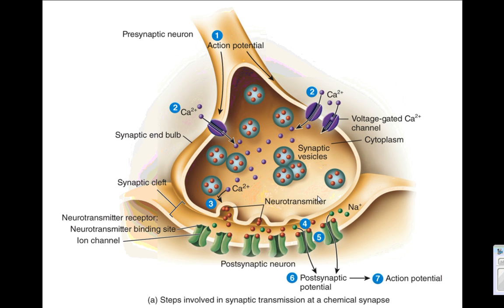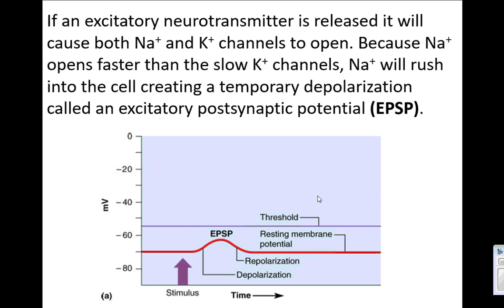That occurs if we depolarize the new neuron. And that requires going away from negative 70 towards negative 55. And that requires excitatory neurotransmitters. Excitatory means that we're going to excite the neuron.